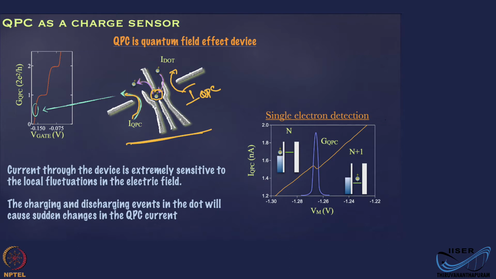So in this specific case, what I have is a Coulomb blockade oscillation being sensed by the charge sensor, in this case the quantum point contact.